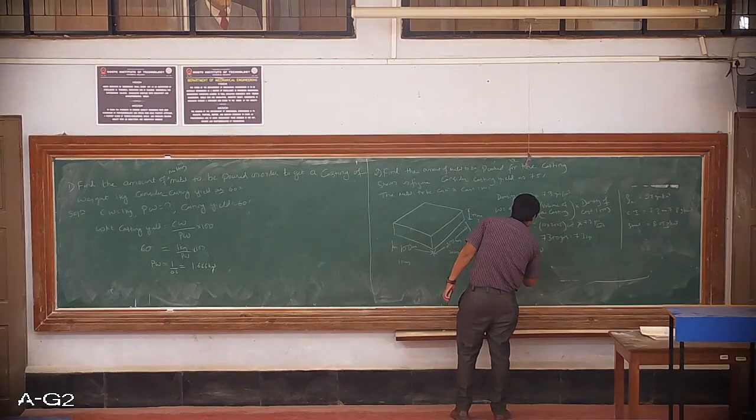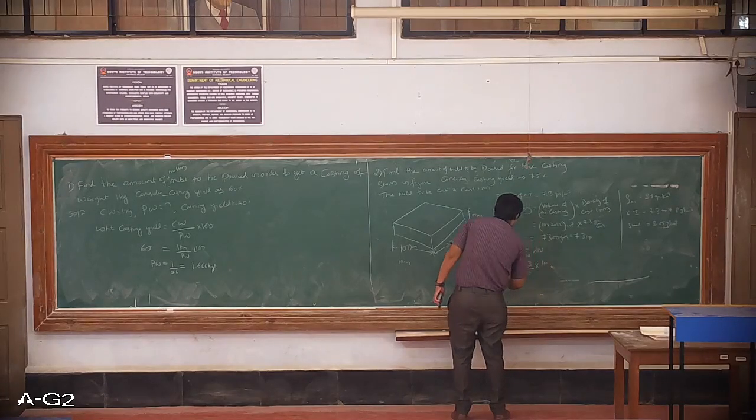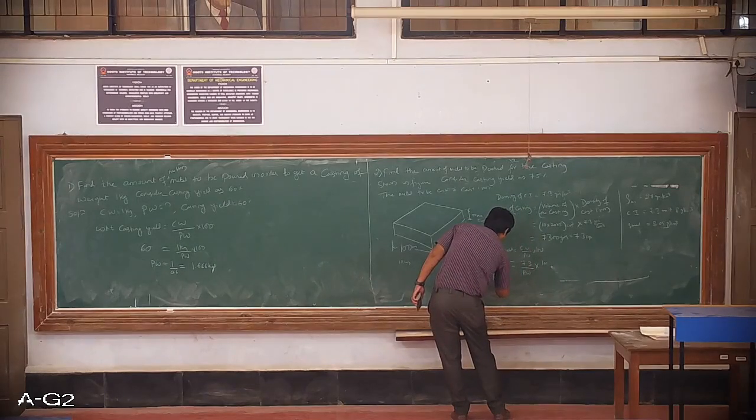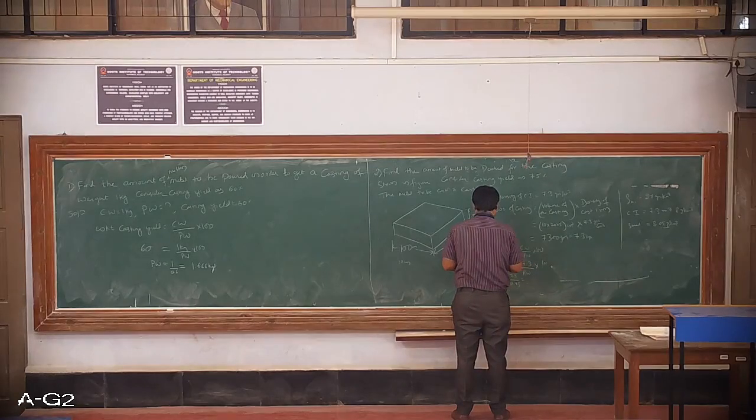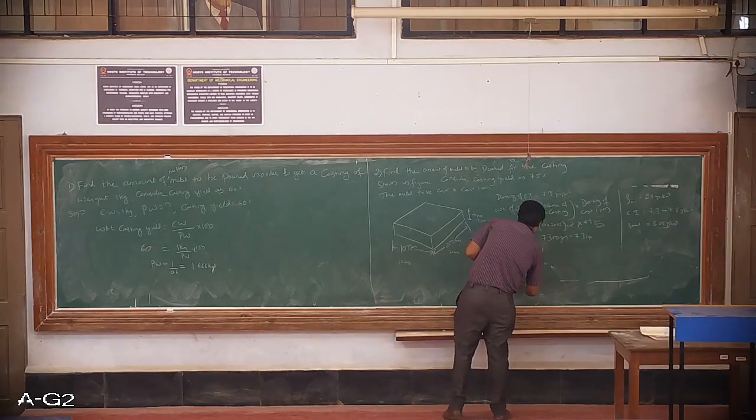Casting weight is 7.3 kgs, pouring weight we don't know, into 100, that is pouring weight is equal to 7.3 divided by 0.75. We get it as 9.8.